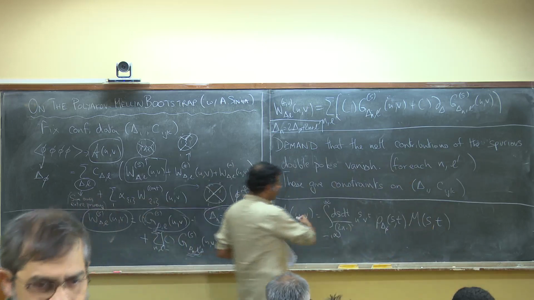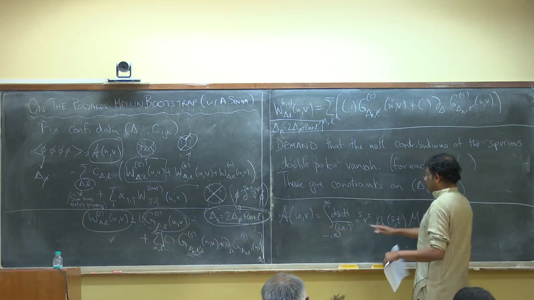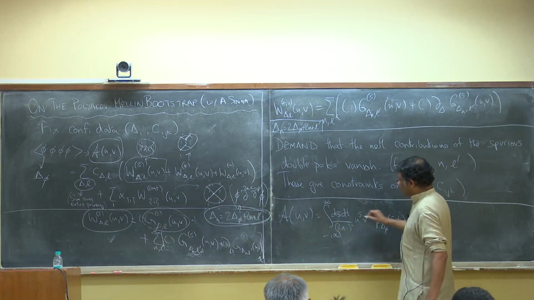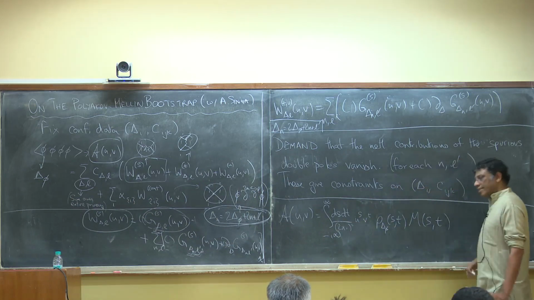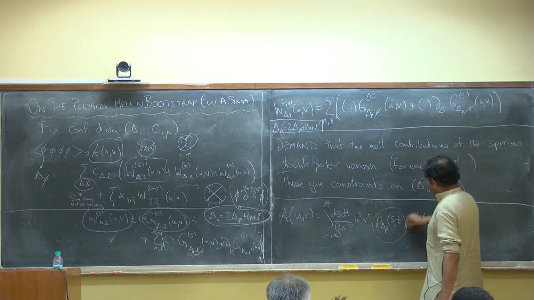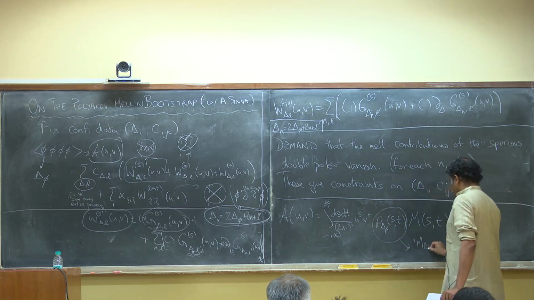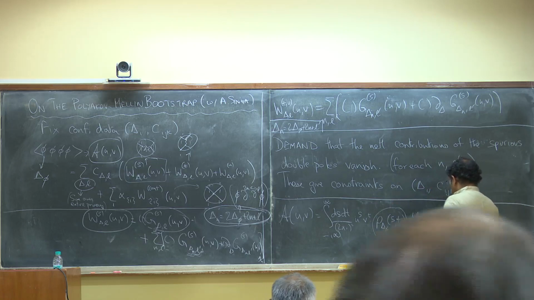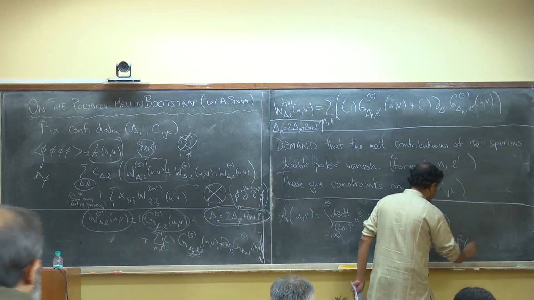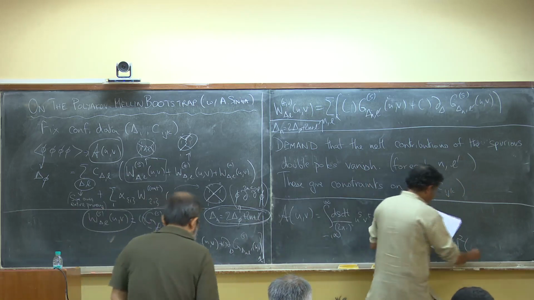This is essentially a Mellin transform in the variables u and v to a new set of variables s and t. And this is what is sometimes called a measure term. I'll write it down because it's sort of important. It's for identical scalars.